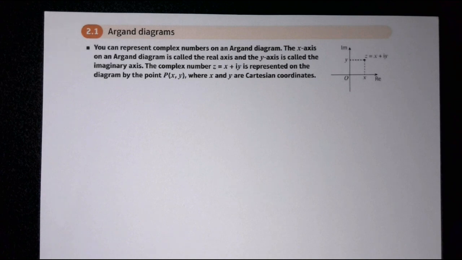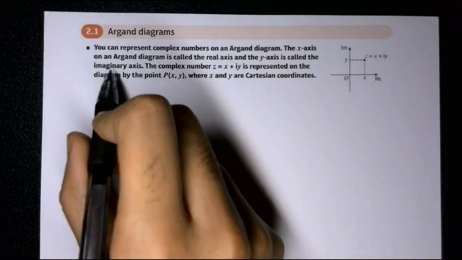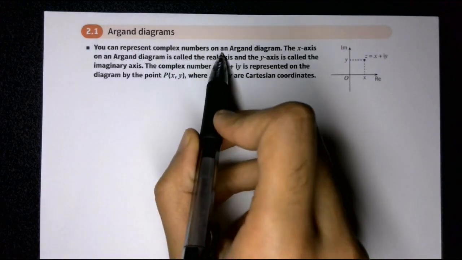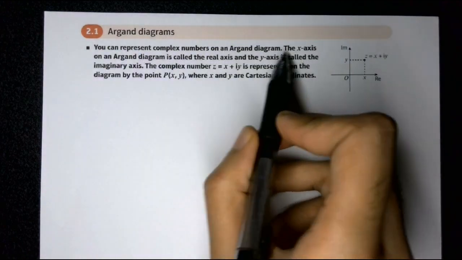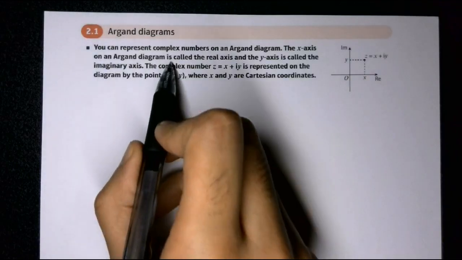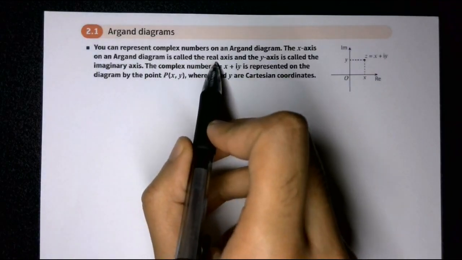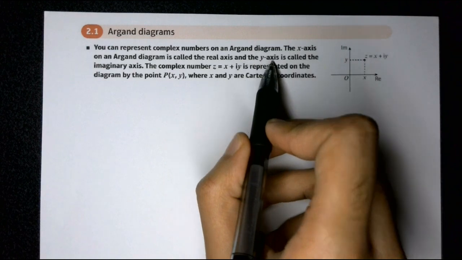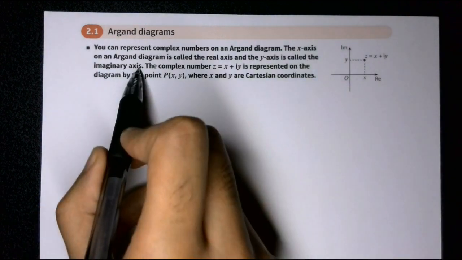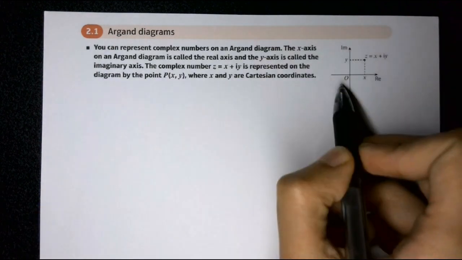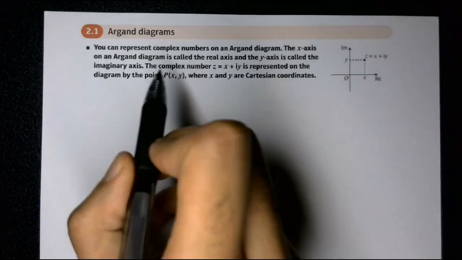2.1 Argand diagrams. You can represent complex numbers on an Argand diagram. The x-axis on an Argand diagram is called the real axis, and the y-axis is called the imaginary axis. And we see that over here.